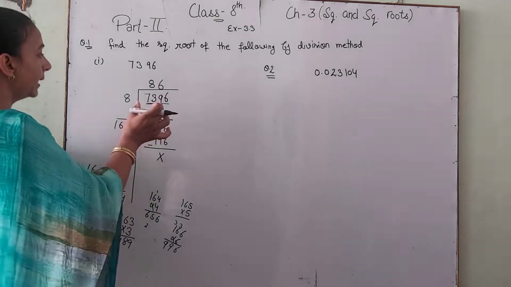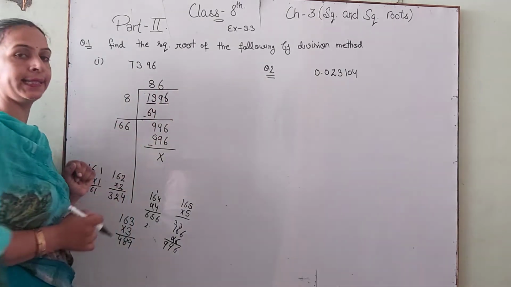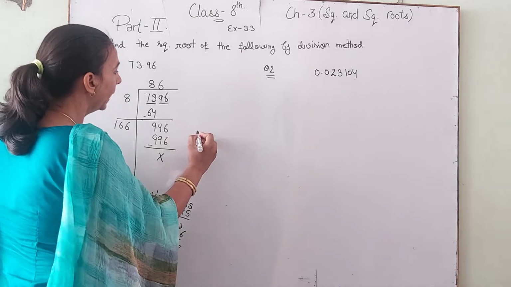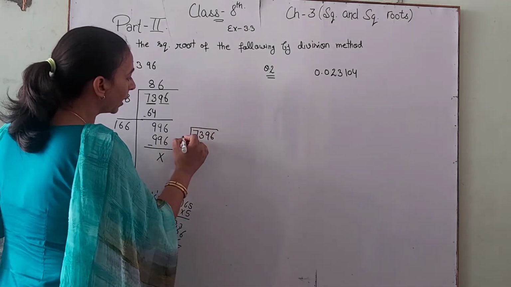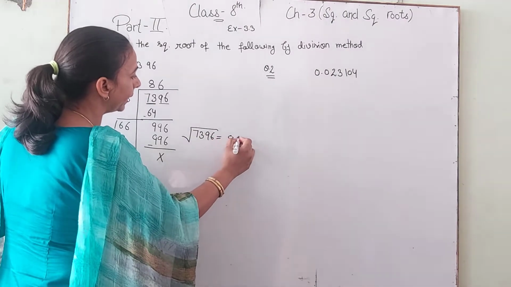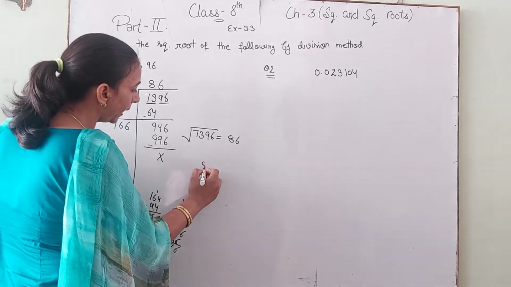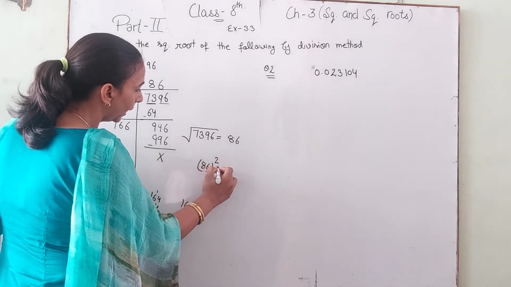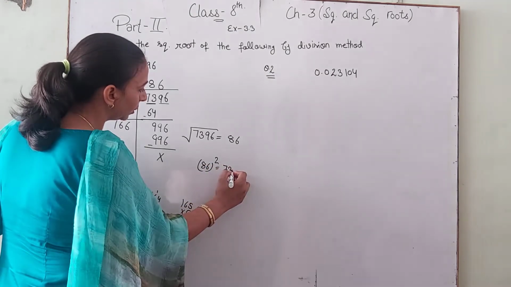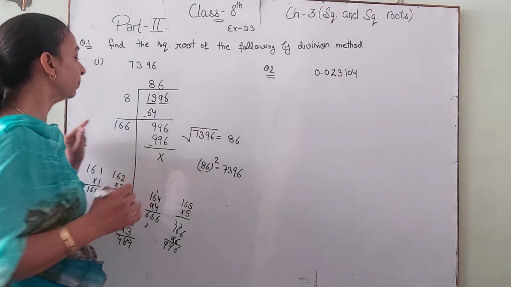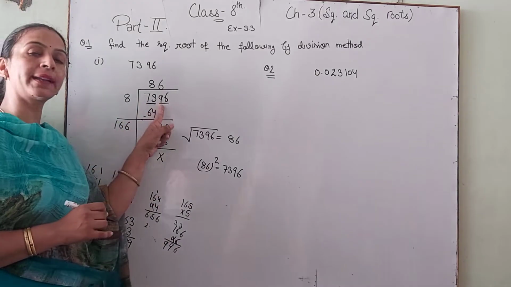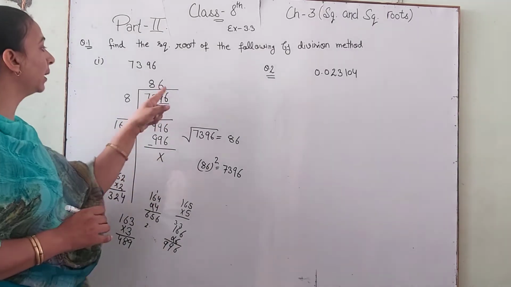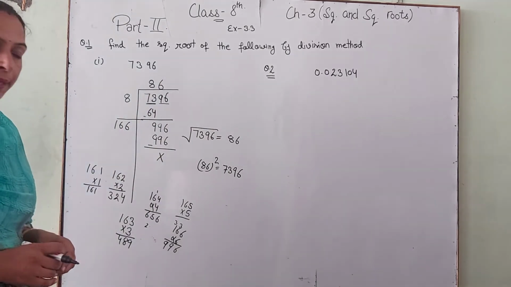So this is the square root, 86. The square root of 7396 is equal to 86, and we also know that 86 squared is 7396. Since the remainder is 0, this is a complete perfect square, the perfect square of 86.